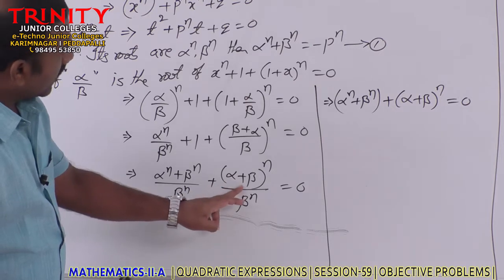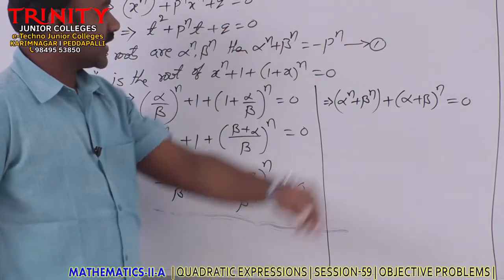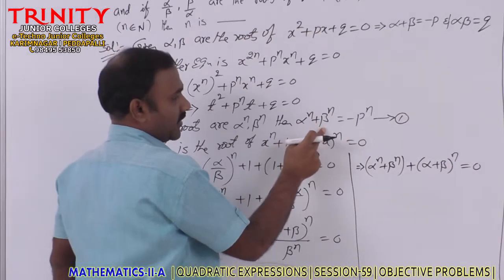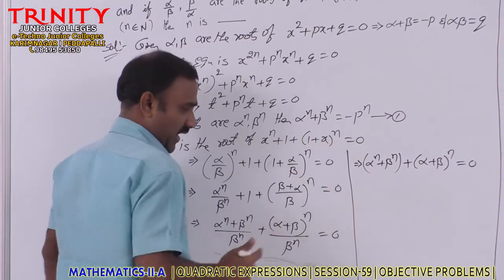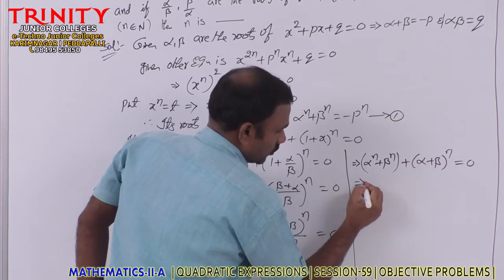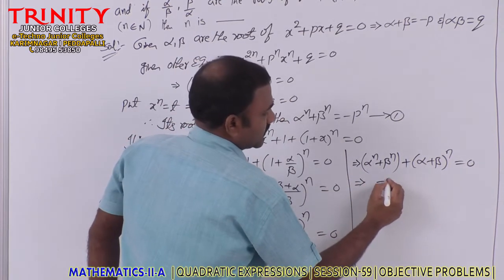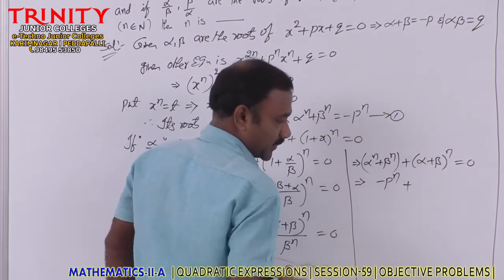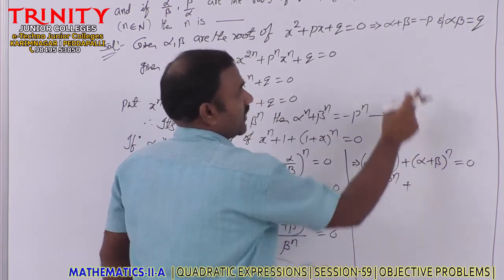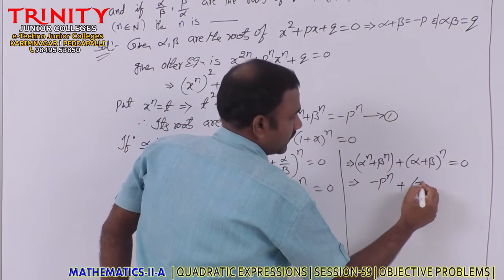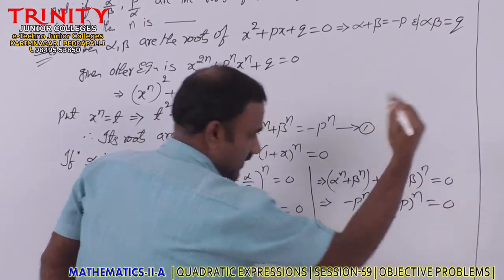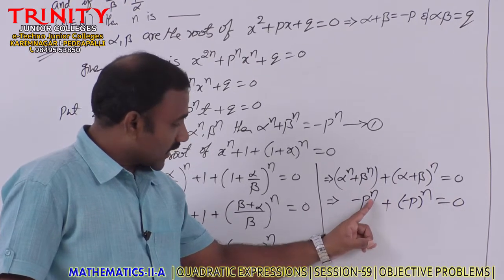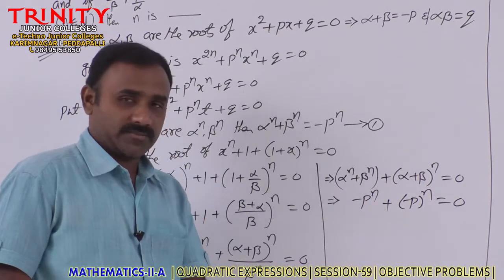Now we have alpha + beta equal to minus p, and from equation number 1 we have alpha^n + beta^n equal to minus p^n. Now replace those values here: this is minus p^n plus (alpha + beta), which is (minus p)^n, equal to 0.